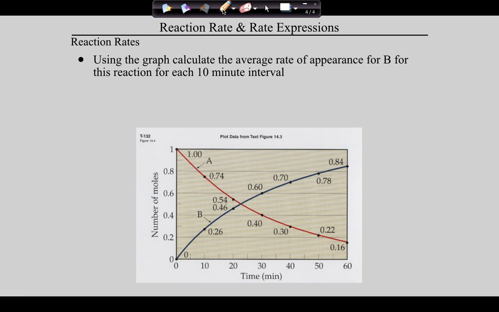Again, 0 to 10, 10 to 20, 20 to 30, 30 to 40, 40 to 50, and 50 to 60. Do it with the blue.